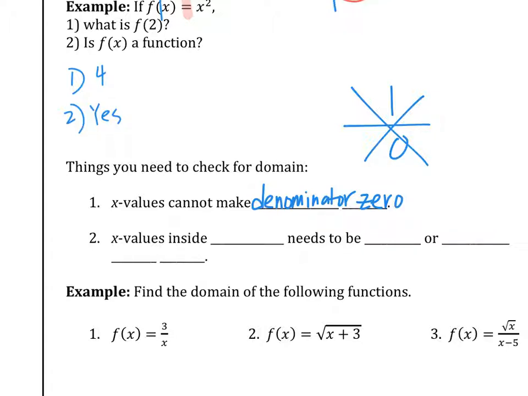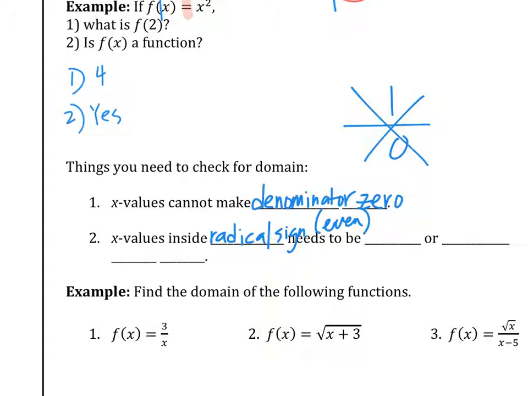The second thing you check is inside a square root or an even root. So let's say a radical sign. And that radical sign has to be even. So 2nd root, 4th root, 6th root. We don't care about cube root, 5th root, 7th root. Odd roots don't matter. The even roots are the ones that matter.